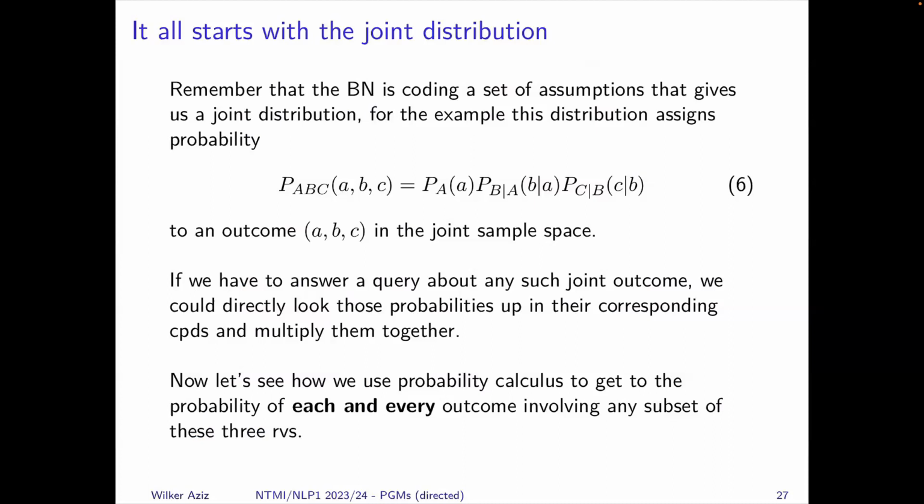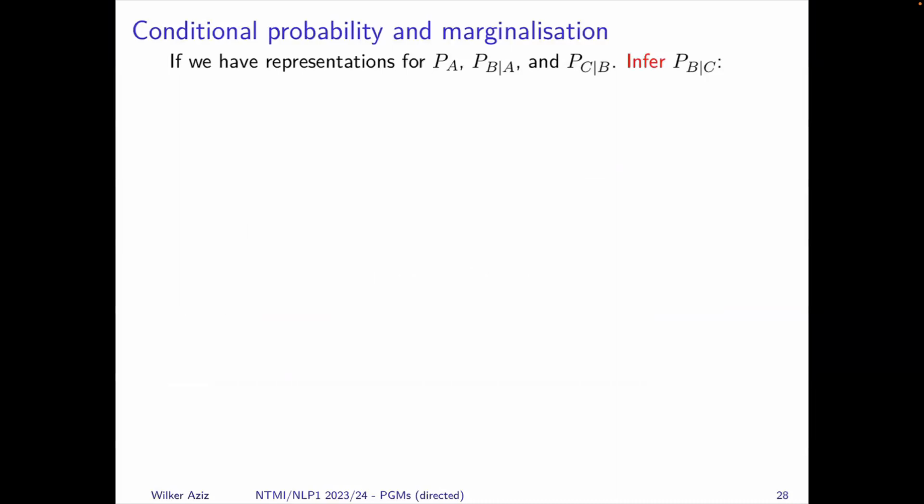It gets slightly more intricate when the query is not expressed in terms of the joint distribution, but some other combination of A, B, and C, or subsets of A, B, and C. Let's see what we do. Knowing that we have these three tables available to us, these are the elementary factors.